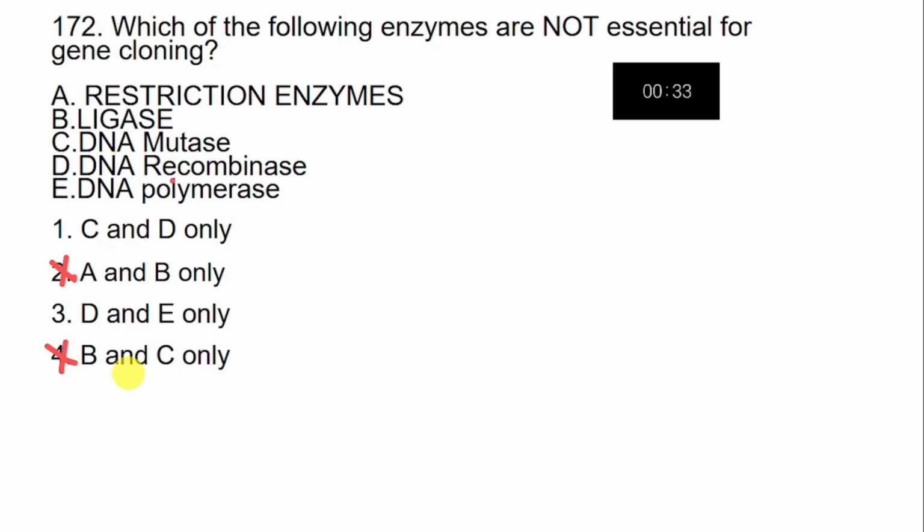Recombinase is not needed. Polymerase is also needed. E, strike out E. So C and D is the right answer. C is mutase and this is recombinase. These are not essential in gene cloning. Rest are essential. So option 1 is the right answer.